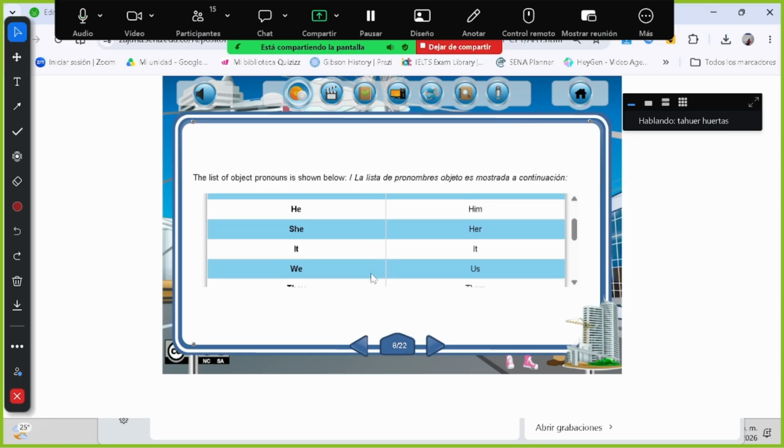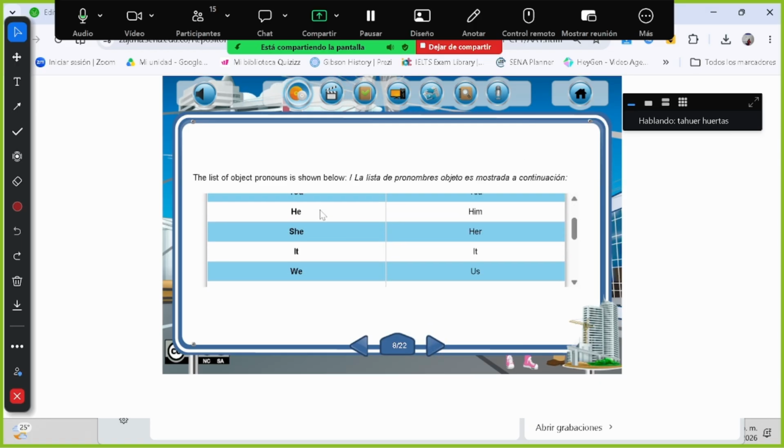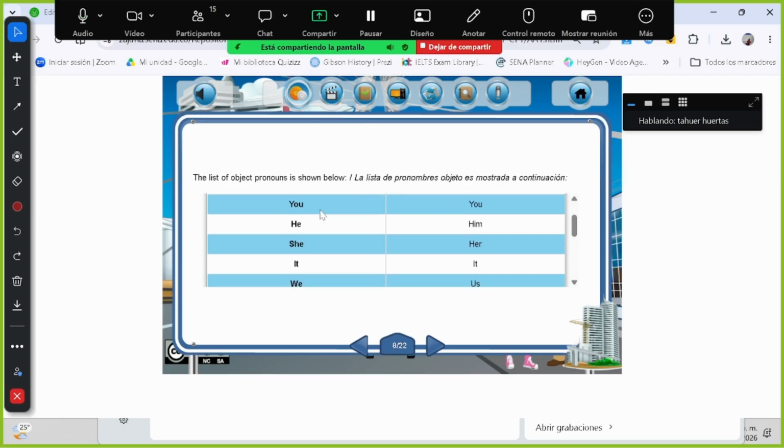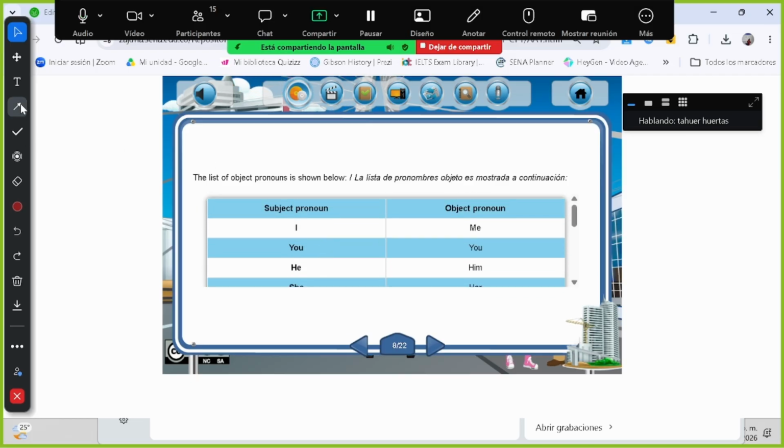Here we have these two types of pronouns: subject pronouns, object pronouns. They're almost similar.